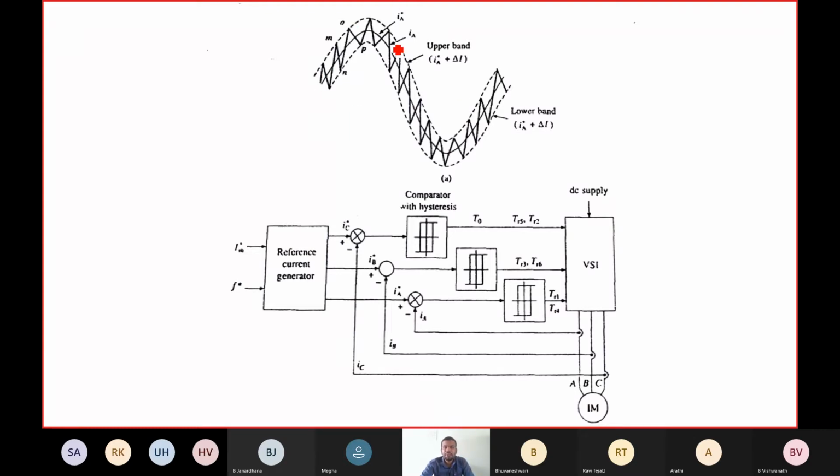This hysteresis band will have one upper band and one lower band. This is called the lower band, and this is called the upper band. So what is meant by upper band? What is meant by lower band? That we will discuss.